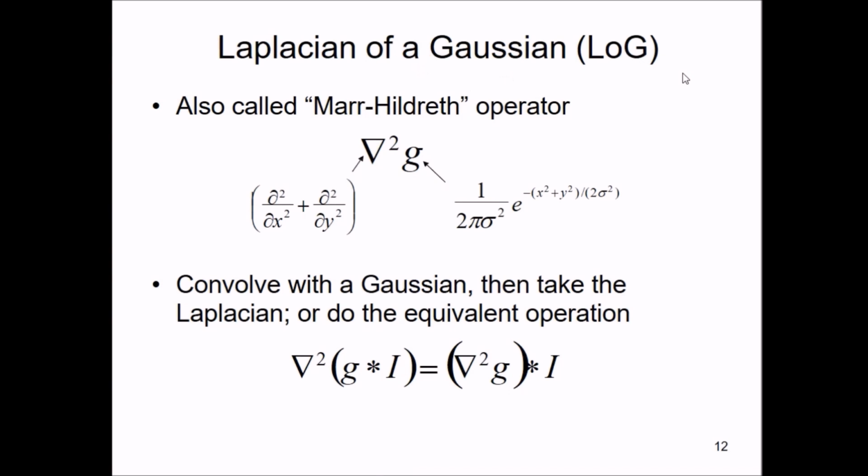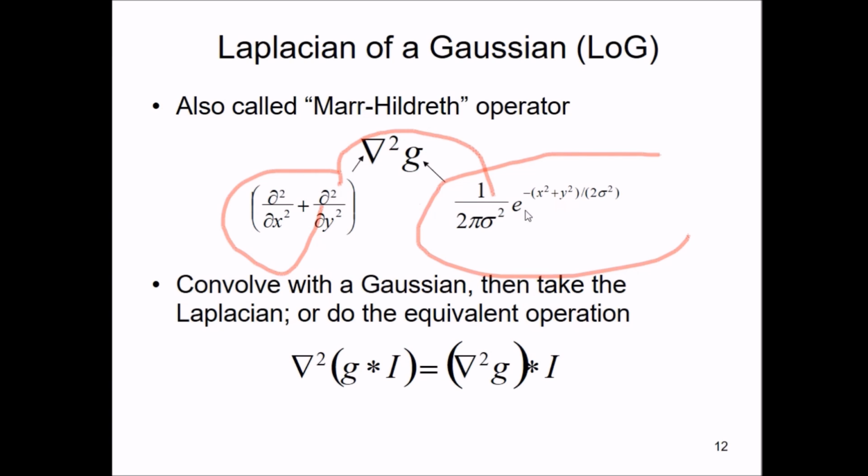So now we can apply the Laplacian of a Gaussian because of this property of the Gaussian. This is also called the Mexican hat. This Laplacian of Gaussian is also called the Mexican hat. Please remember this. So this is the Laplacian, and this is the Gaussian. We convolve with the Gaussian and take the Laplacian, or do the equivalent operation, maybe in this way or this way.